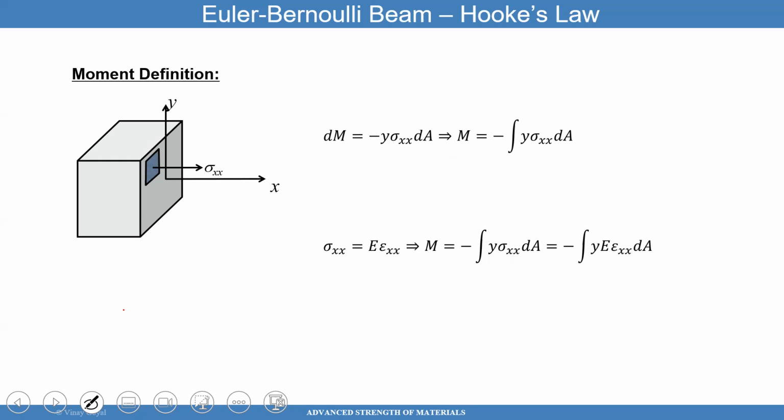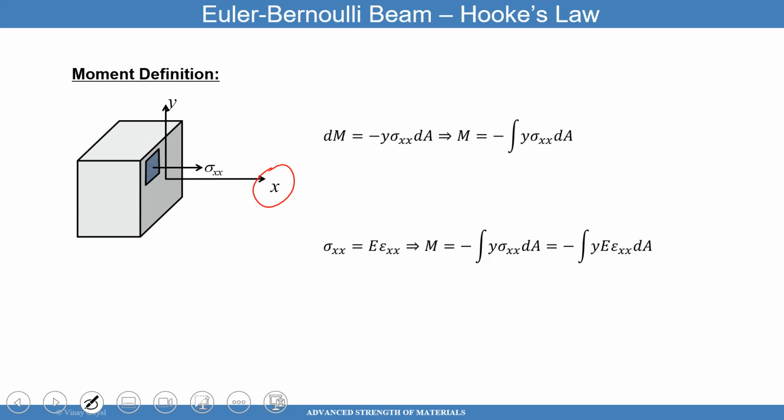So let's study that together. If I have a stress sigma xx, if you recall, the first index means the face where that stress is acting, which is the x face. You agree? And the second index tells you in which direction sigma xx is acting, and that's in the x direction. So that's correct, the way I plot sigma xx.